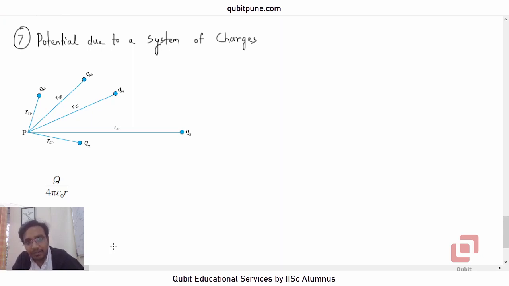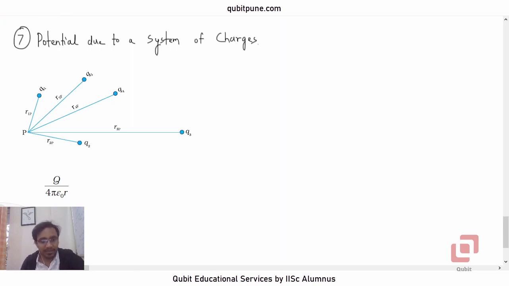It also refers to the fact that if you have more charges present, let's say q1 and q2, the potential or electric field at P due to q1 is unaffected by the presence of the other charges, and the same thing applies to every other charge. So the potential at P due to q1 will be the same irrespective of whether the other charges are present in the vicinity of q1 and P or not.